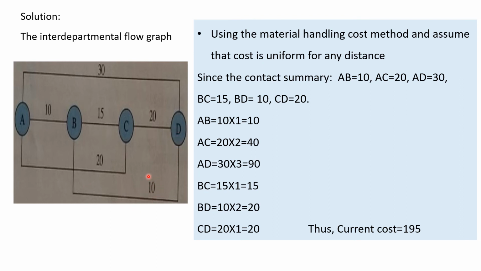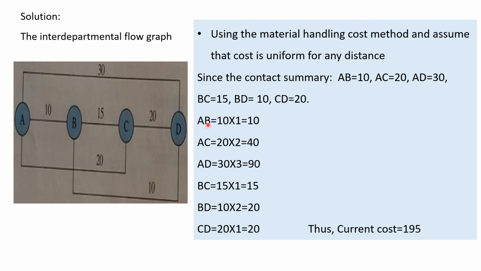So based on this arrangement, let's calculate the costs, and let's assume that departments located side to side have a 1 unit cost. So based on this rate, let's calculate the cost.